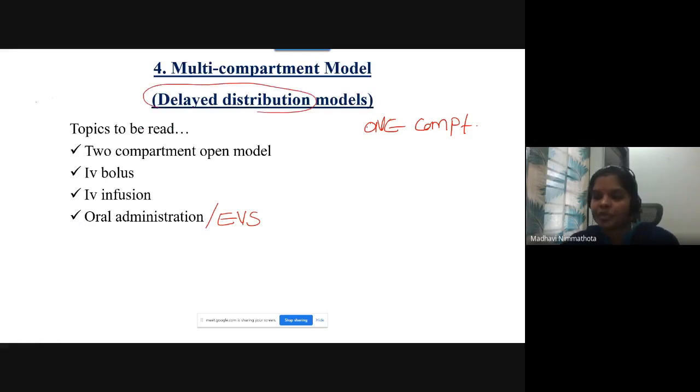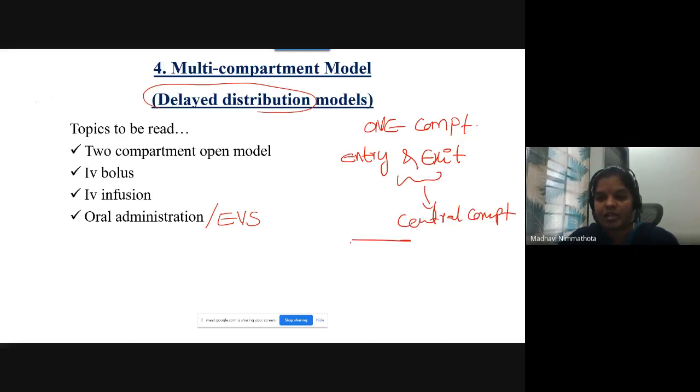See ma'am, in case of one compartment open model, your drug entry and exit will be happening from the central compartment. This is like your one compartment open model. This is the compartment, that is nothing but the central compartment.